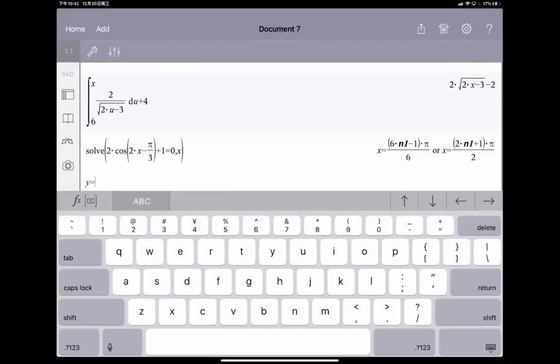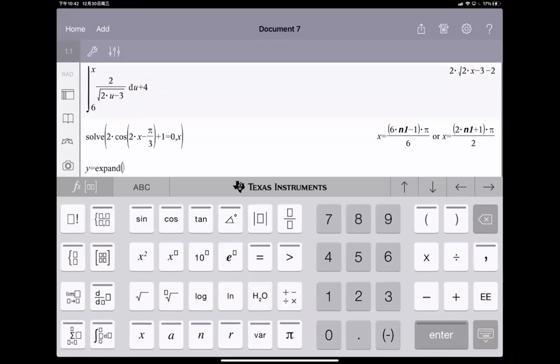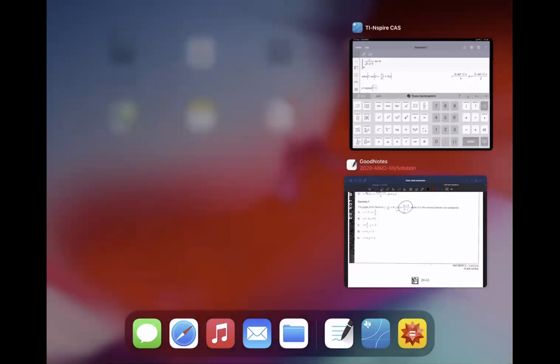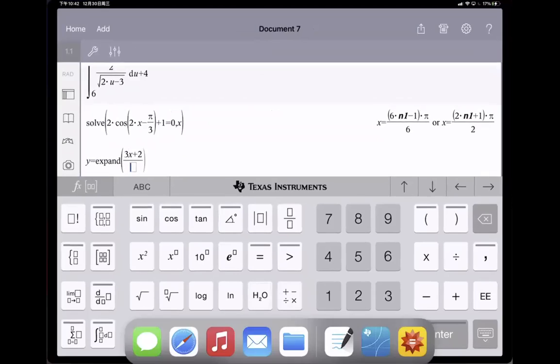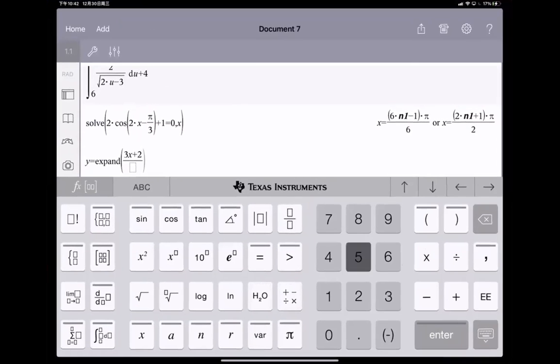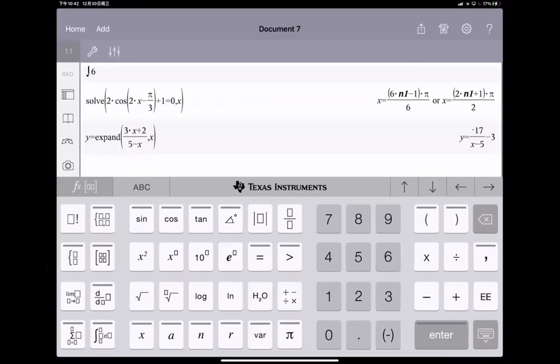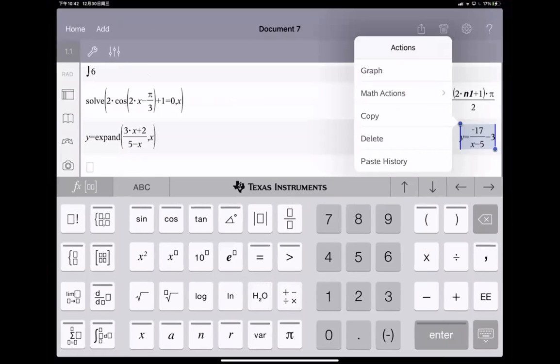Firstly, I need y equals expand, then the fraction 3x plus 2 over 5 minus x, comma x. This is the standard form of a rectangular hyperbola. So it's minus 17 over x minus 5 minus 3.